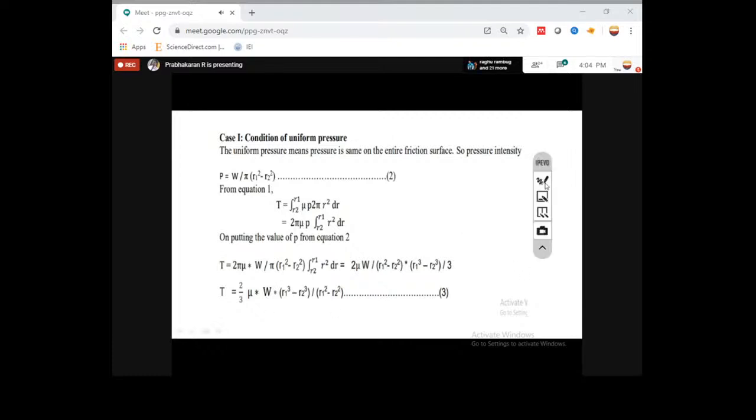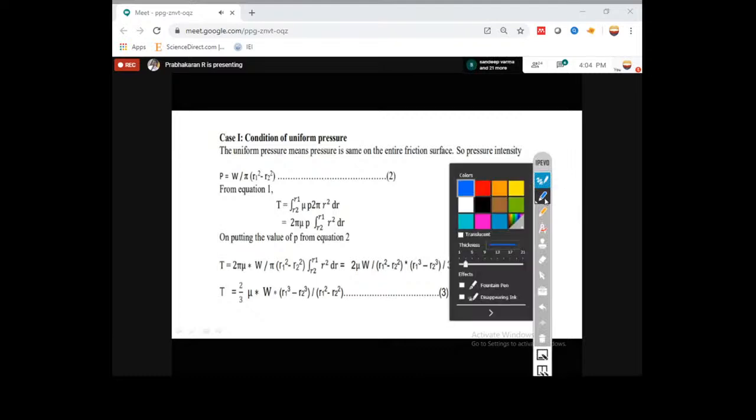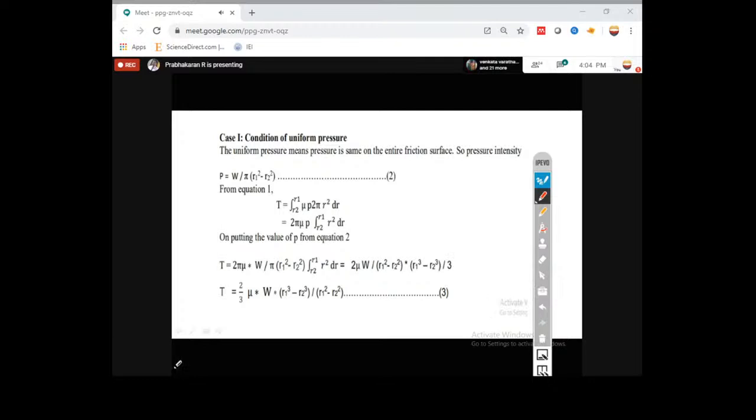I can write torque equals N mu W R, where R is our mean radius and N is the number of pairs of contact surfaces.